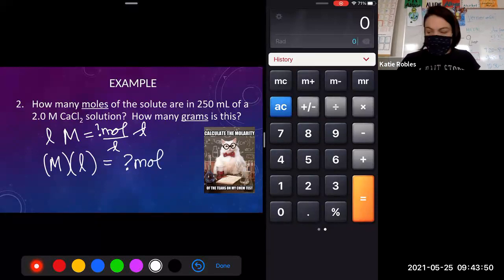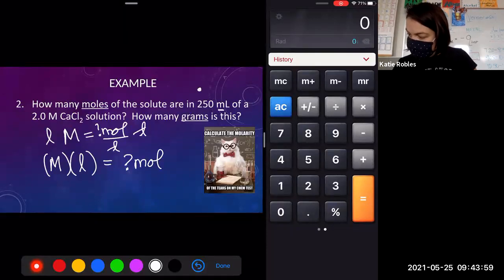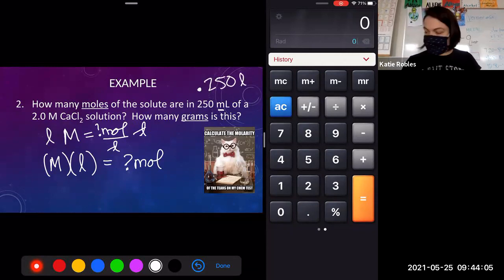All right. Now the other problem with this question is that the volume is in milliliters, so I need to convert that to liters. So move the decimal place over: 0.25 liters.